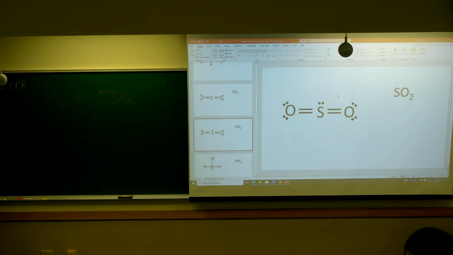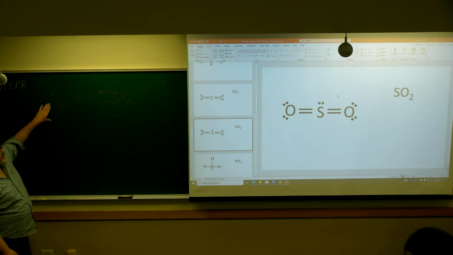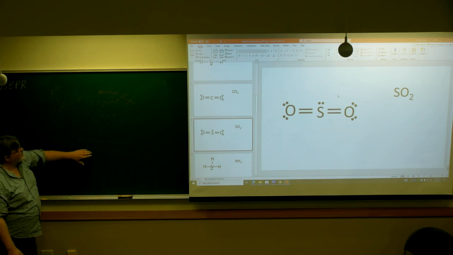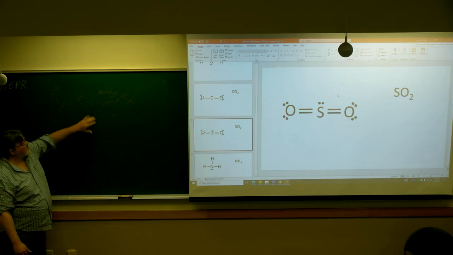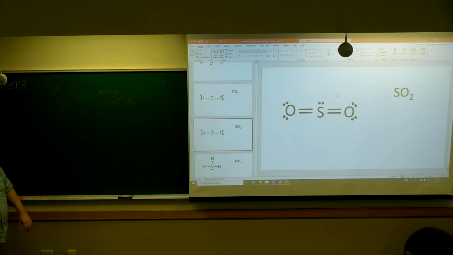So the molecular shape of this is bent. Its electron geometry is trigonal planar, just like this one. When you don't have pairs of electrons, the molecular shape just defaults to what the original electron geometry was. So there are no pairs of electrons to ignore here, so you just go with your original assessment as trigonal planar. You see that?